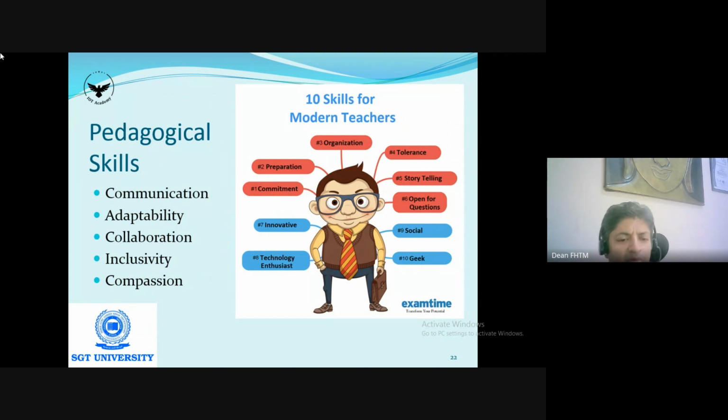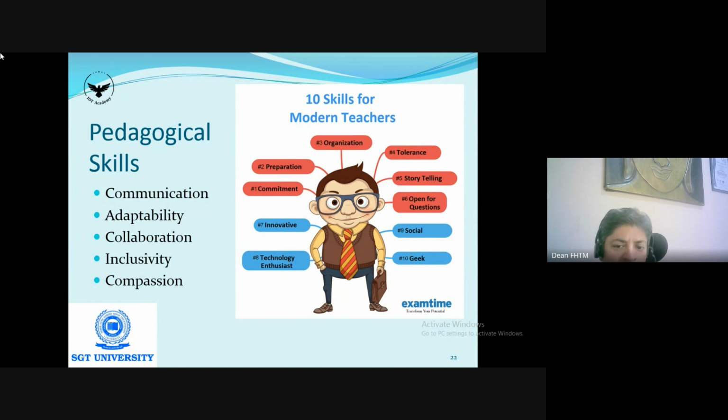Yeah. So earlier days, the pedagogical skills that were required for a teacher would be communication, adaptability, collaboration, inclusivity, and compassion. But as a modern teacher, you need a few more skills. You need to be a technology enthusiast.